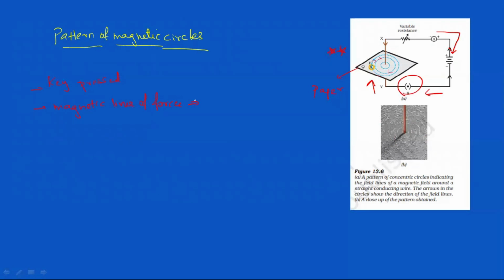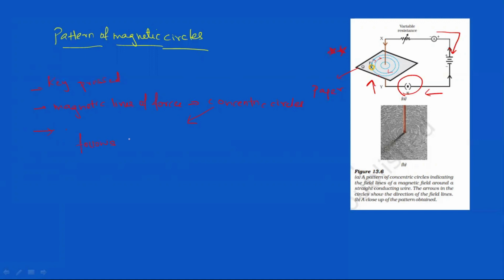So what we learn from this figure is that when a current carrying conductor is placed on a paper and magnetic filings are placed on it, you will find concentric circles. The circles will follow the clockwise direction.